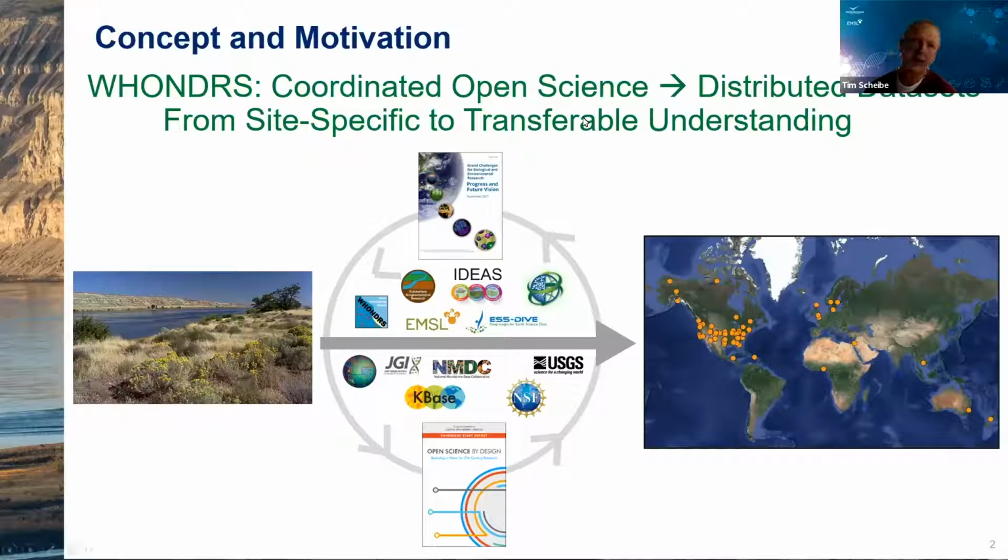What I mean by that is, if you look at the photo here on the left, this is a photo of a field site near Pacific Northwest National Laboratory in the Hanford reach of the Columbia River, where over the last few decades, we've done a lot of research.